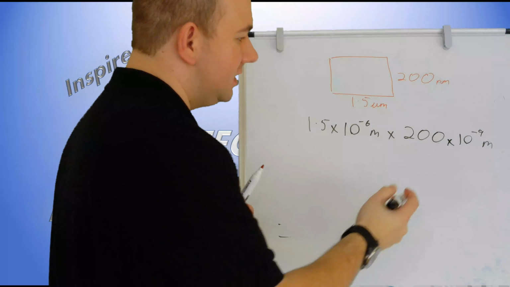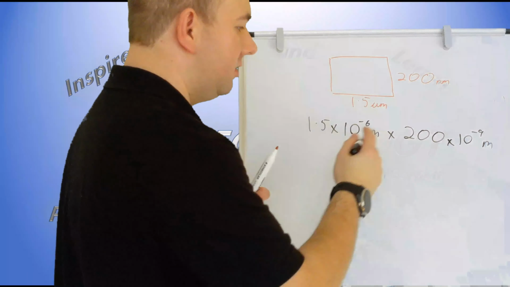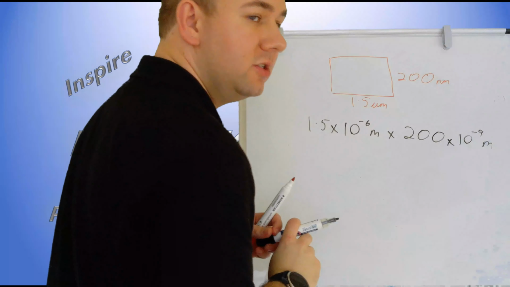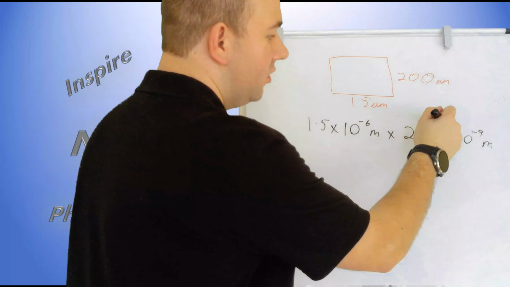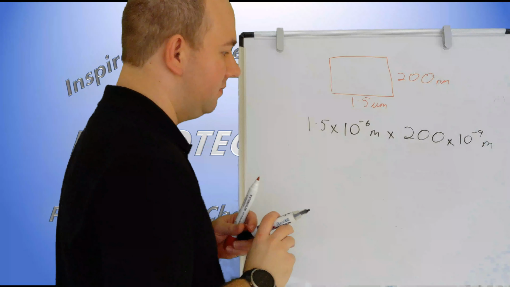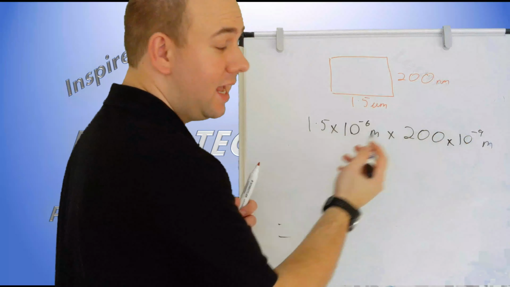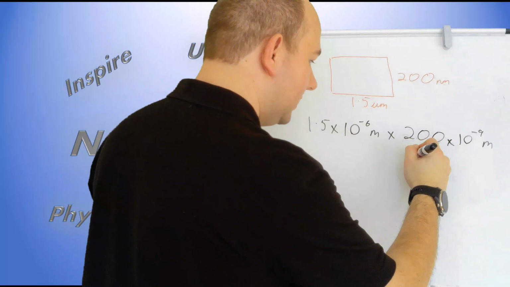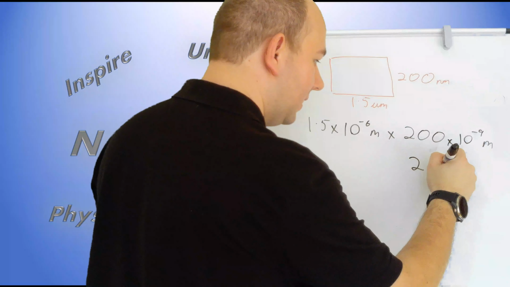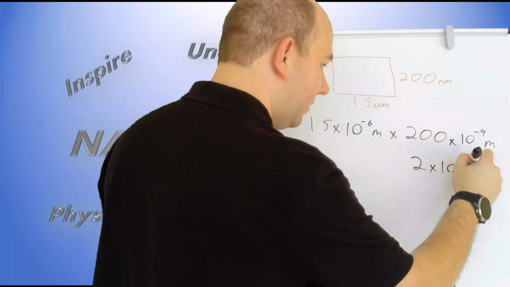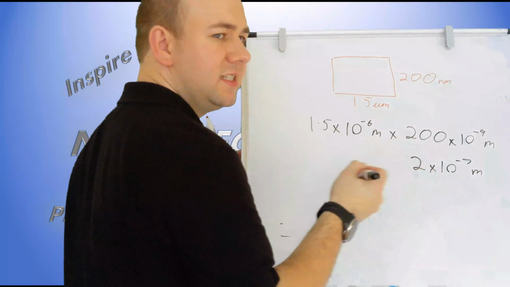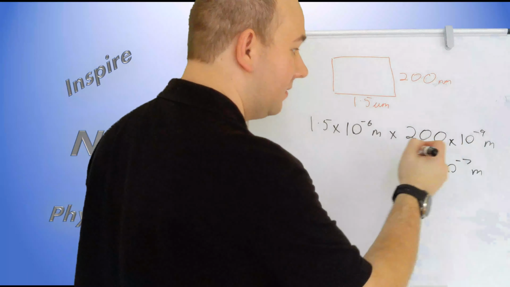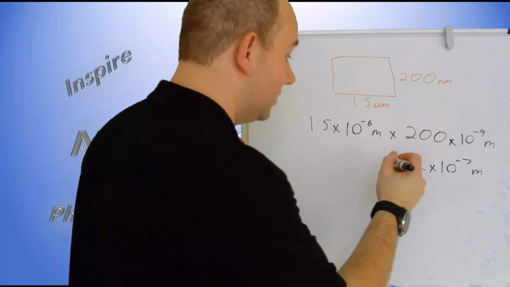And what I'm going to do is convert this, so it's 2 times 10 to the minus 7, so I can move my decimal point two places to the right, and that will convert that into 2 times 10 to the minus 7 meters. So this is all covered in a previous video of being able to convert these into different forms.